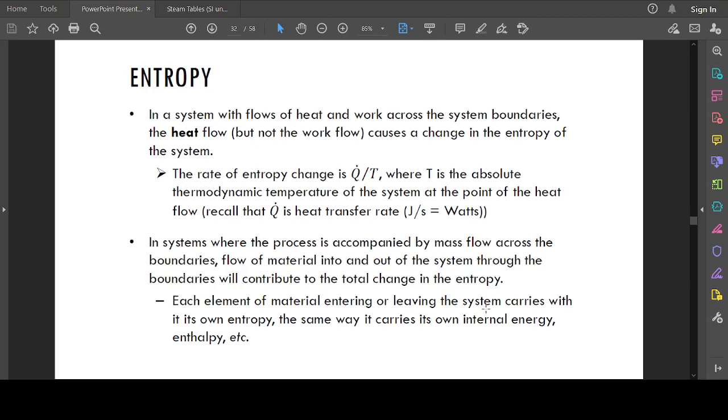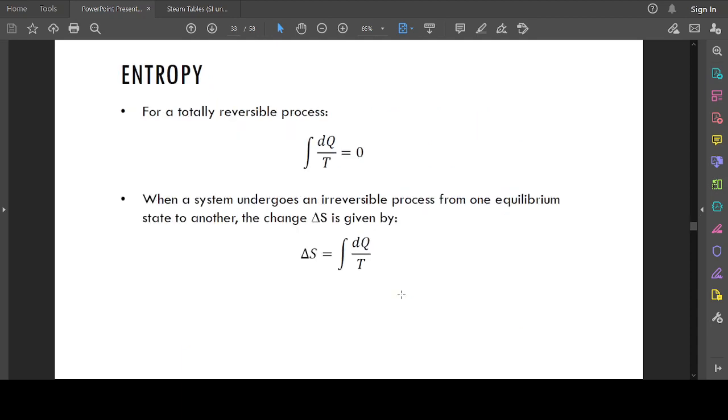And all these figures can be seen in the steam table. Some of you who have done ITF, Introduction to Thermal Fluids, must have been introduced to the steam table and properties of steam. So you should know that all these elements have their own internal energy and entropy, and all of these are tied to their other physical properties like temperature and pressure.